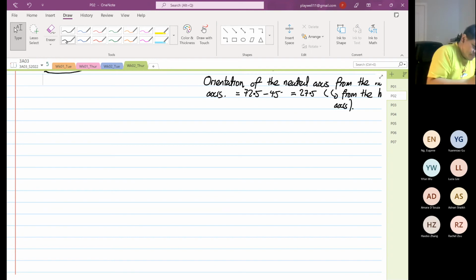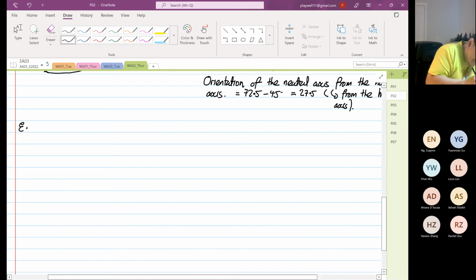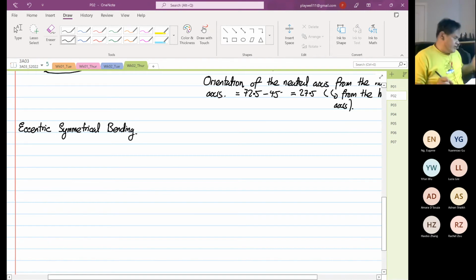Okay, so we are going to look at eccentric. We're going to start with symmetrical bending. And we did mention this before, and I'll help you recall later on.